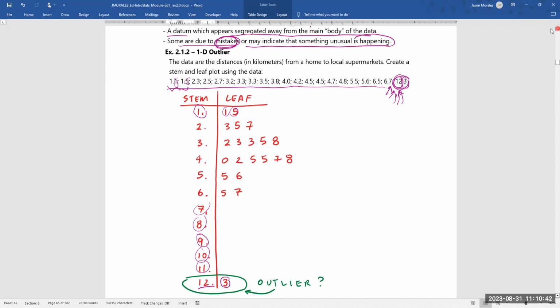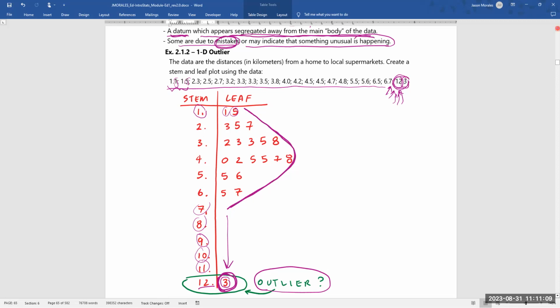And so an outlier is a datum which appears to be segregated away from the main body of the data. So here is the main body of the data. And then you've got this 12 point that's out here all by itself. So this could be a potential outlier because it is segregated far enough away from the main body of our data.